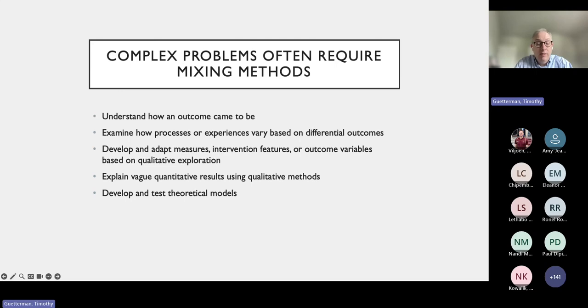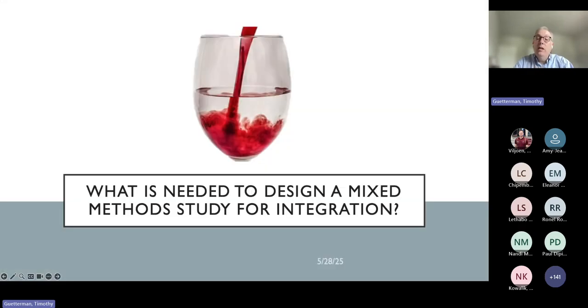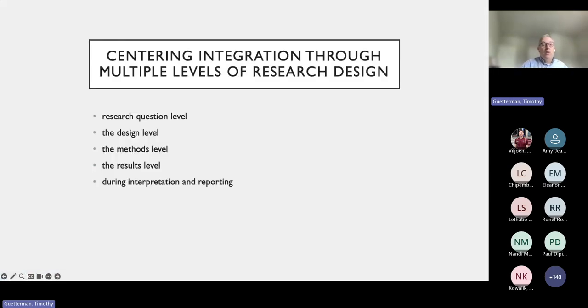So in order to address some of these big rationales for using mixed methods, we really need to think about integration specifically and what is needed to design a mixed method study for integration. This is close to a paper that I have written with a colleague of mine, Melissa Minoyevich.